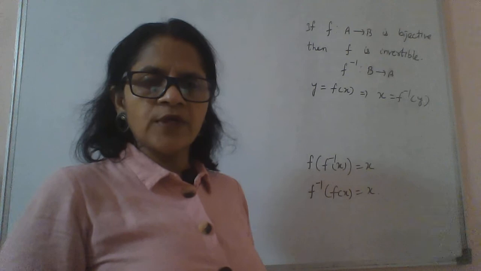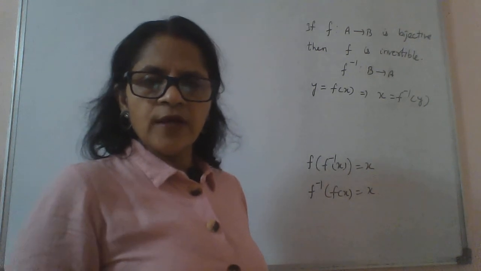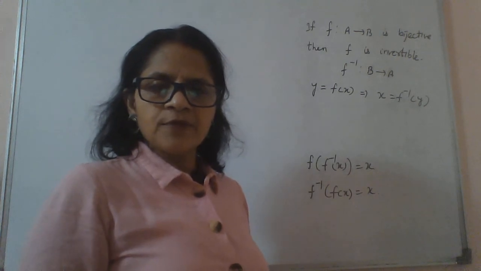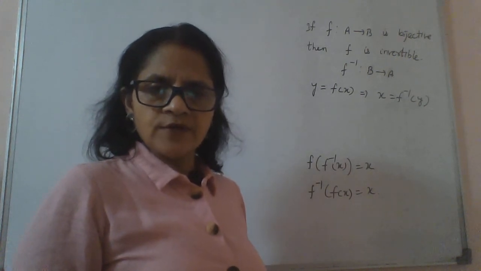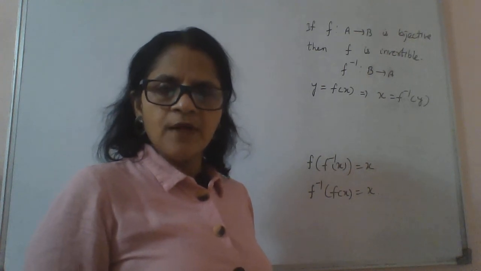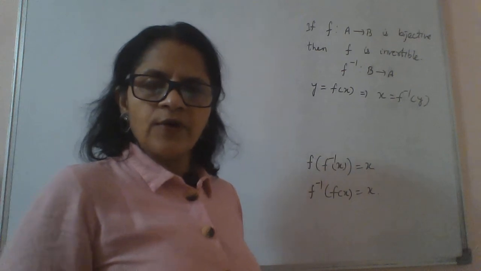None of them are bijective in general, so they are not invertible. Now our topic is to study inverse trigonometric functions. It means we have to make the trigonometric functions invertible by restricting their domains. Otherwise, they are already onto.